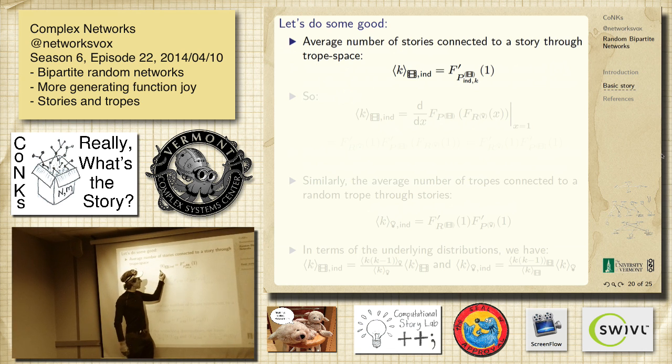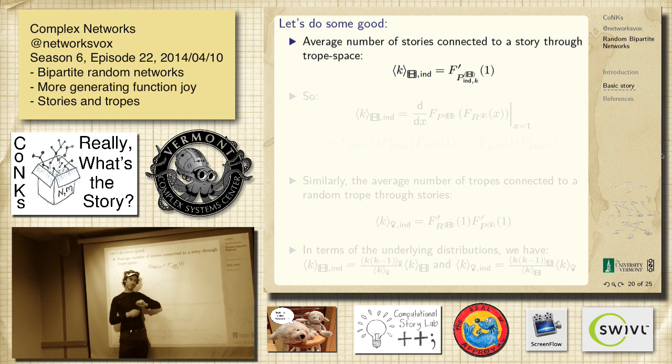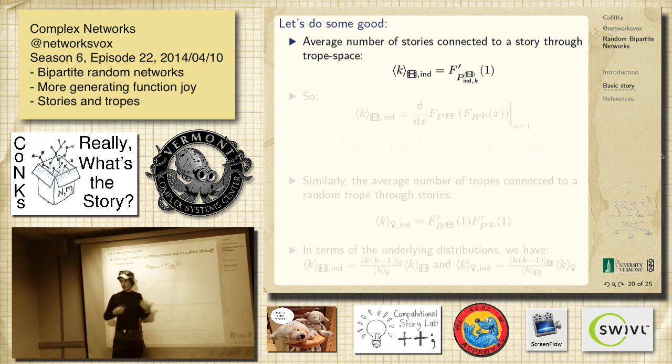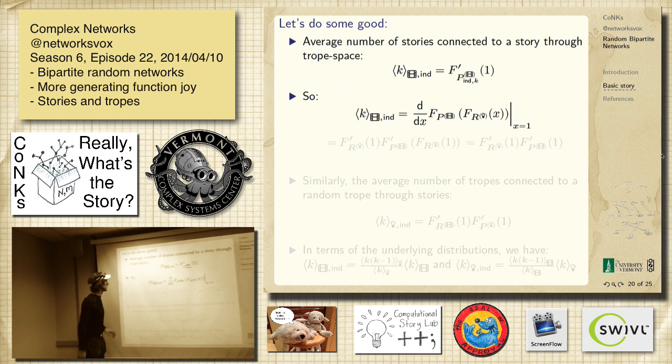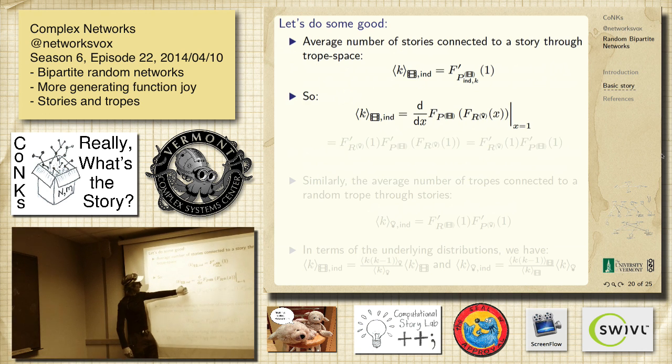And so we can now compute the average degree of the induced distribution for stories. It's the standard kind of thing. If you have the generating function for that distribution, take its derivative and set x equal to 1. Because we have this expression for it in terms of these other guys, we can do this. So this is the average number of stories that a story is connected to.